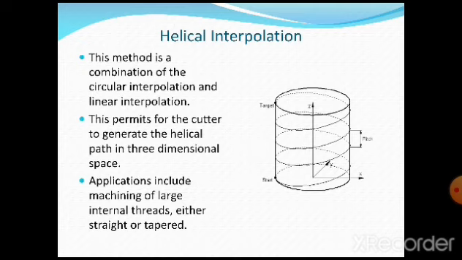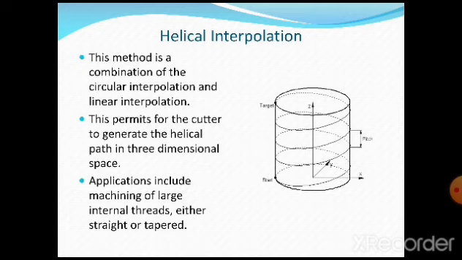Then again, at 270 degrees, it is the Y axis. Then when I complete, again it is the X axis at 360 degrees. But when I move upwards, it is the Z axis. That is called the pitch, as you can see very clearly.